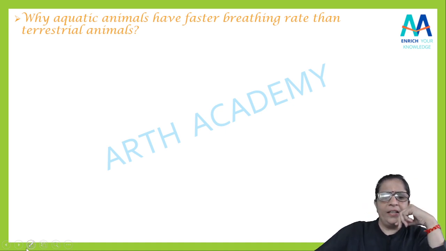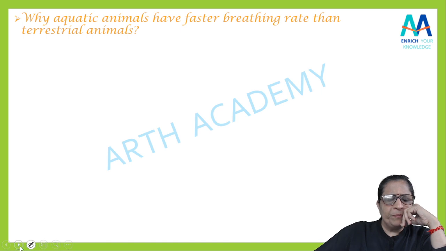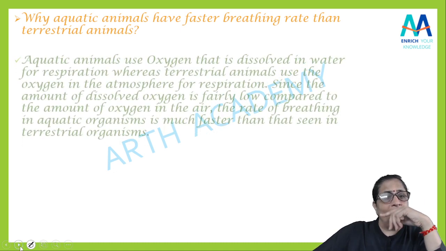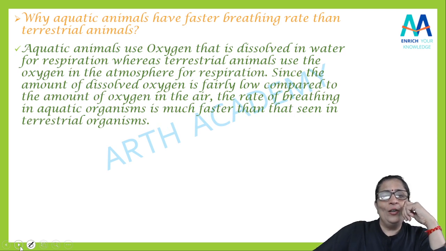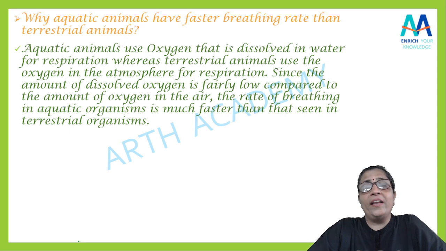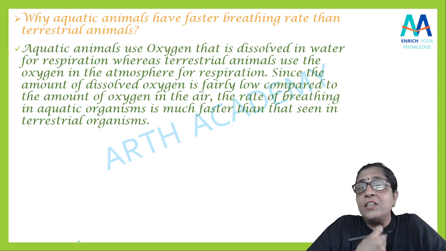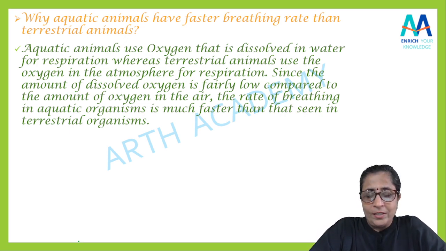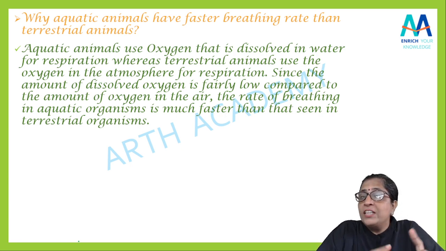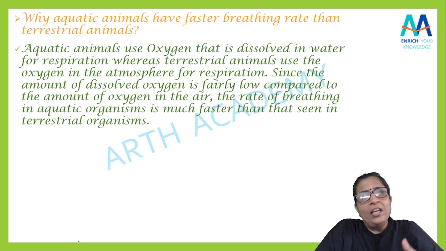Is it true? पानी में जो एनिमल्स रहते हैं वो बहुत ज्यादा हायर ब्रीथिंग रेट से रेस्पायर करते हैं एज कंपेयर टू टेरेस्ट्रियल एनिमल. व्हाई? हाँ, look students, aquatic animals जो होते हैं वो किस तरह से रेस्पायर करेंगे? They take the oxygen which is dissolved in the water, isn't it? So they are using the oxygen that is dissolved in water. जबकि जो terrestrial animals हैं, they can take the oxygen from the atmosphere.